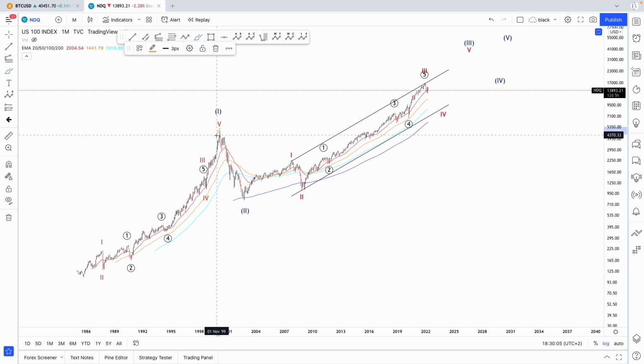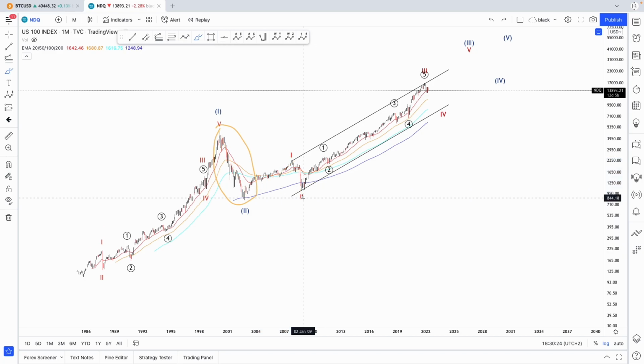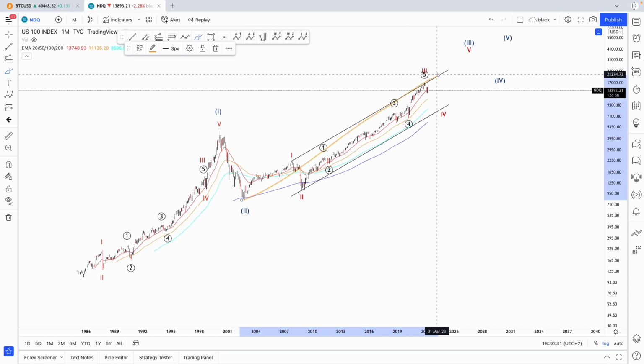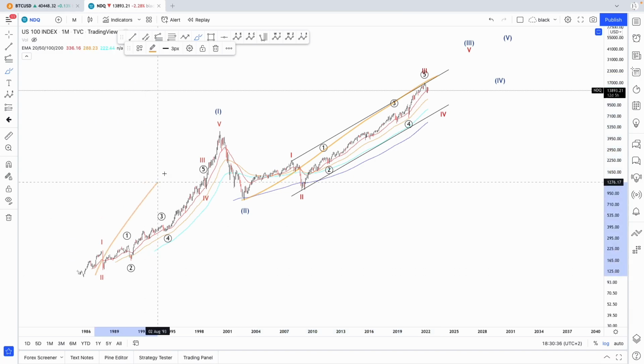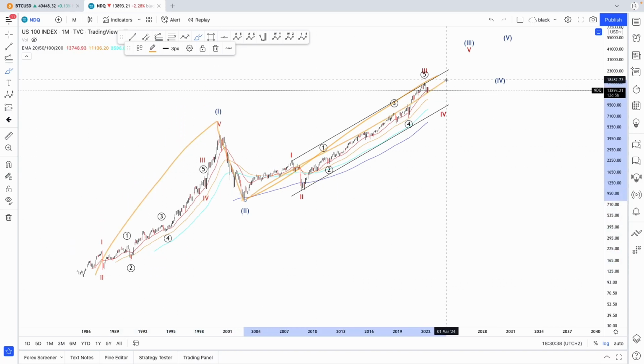Here we have this potential wave 2. Now we're going to go in just a second over the argument that you guys could make: well, how do we know this is wave 2 and wave 2 isn't like this, ABC? Well, that's a good point, and we'll cover that in just a second. But for now, let's just focus on this wave 2. If I'm saying this is wave 2, obviously I'm waiting for wave 3 and wave 4, which will come at some point, unless this is an ABC, which I doubt.